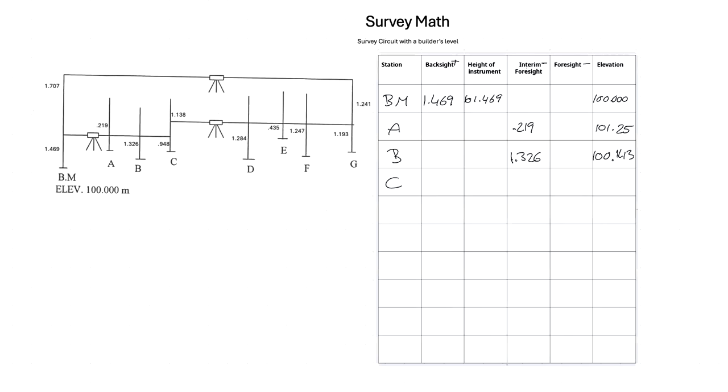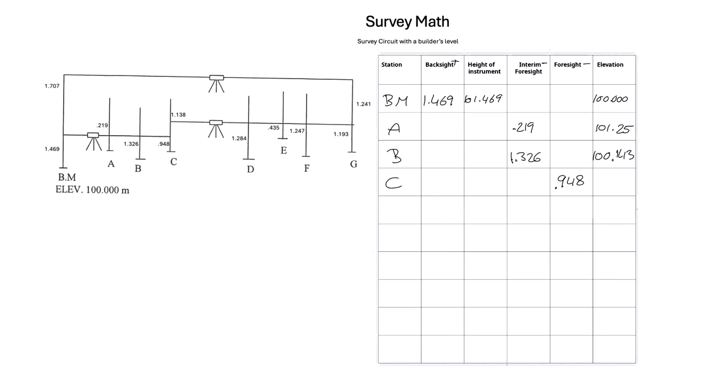Now check this out. After C, we're going to move our instrument. So instead of the interim foresights that we don't need to deal with again, we want to put it in our foresight compartment here. But same thing, we're taking a foresight and it's 0.948, and now we want to find the elevation.